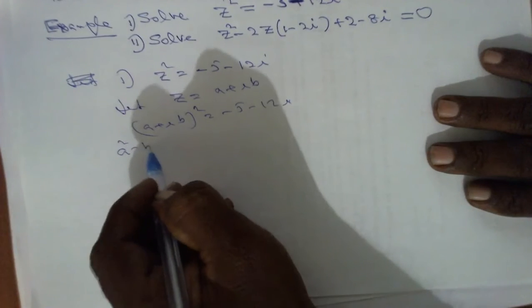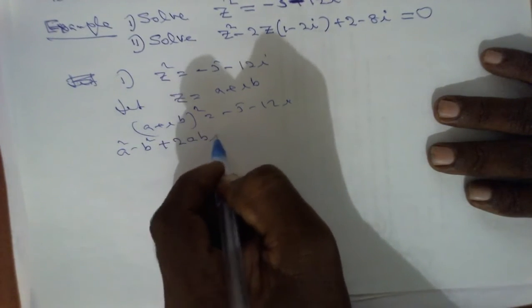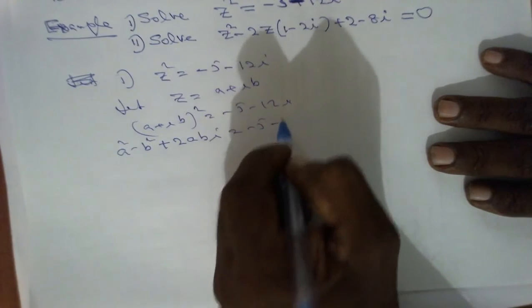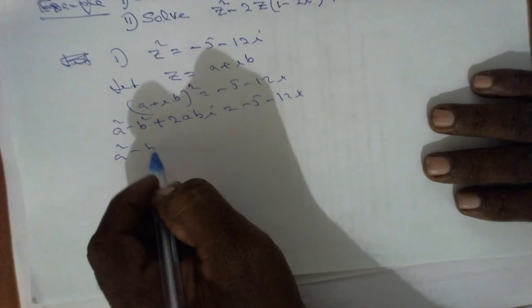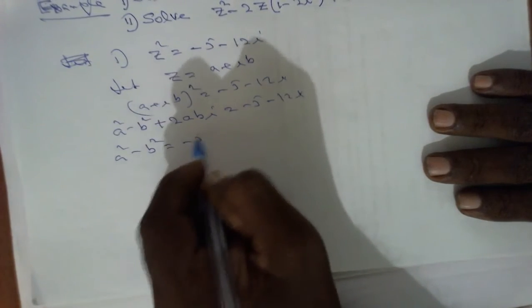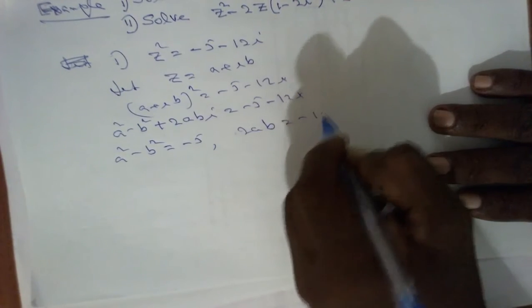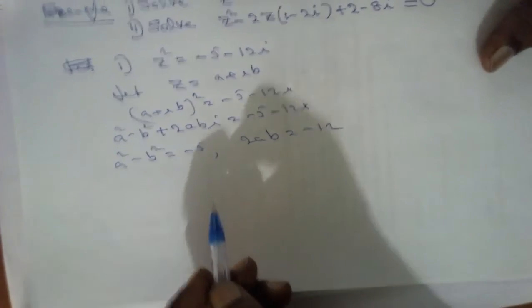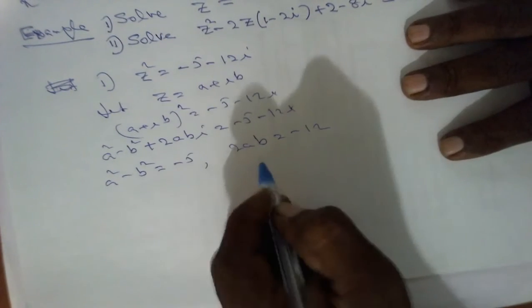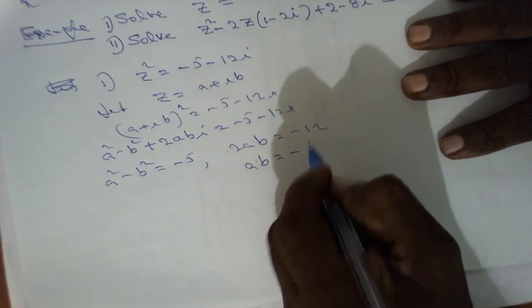A squared minus b squared plus 2abi equals -5 minus 12i. Then a squared minus b squared equals -5, and 2ab equals -12. So you can equate real parts and imaginary parts separately, right? Then here ab equals -6.